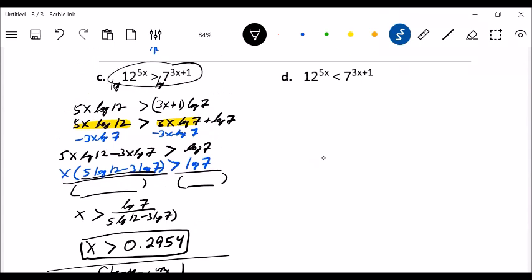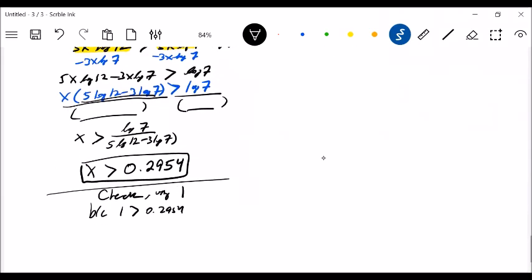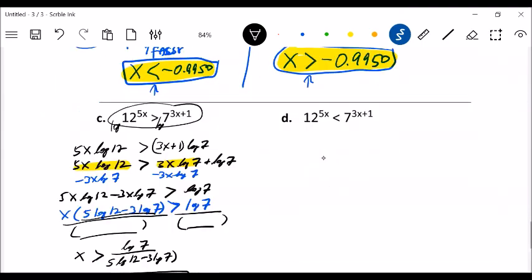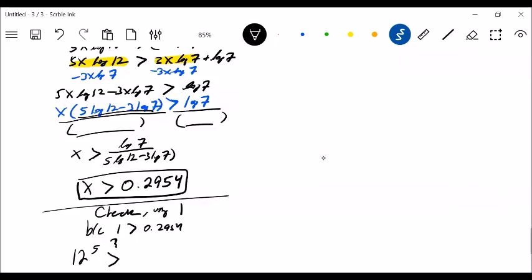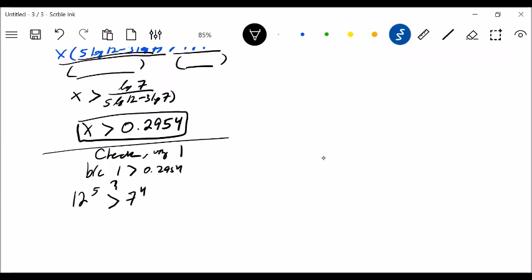If I put 1 into the original, it becomes 12 to the 5th power greater than, is it really greater than, 7 to the power 3 times 1 plus 1, which is 4. 7 to the 4th power. 12 to the 5th is 248,832, and that is indeed greater than 2,401. True. So x is greater than 0.2954.